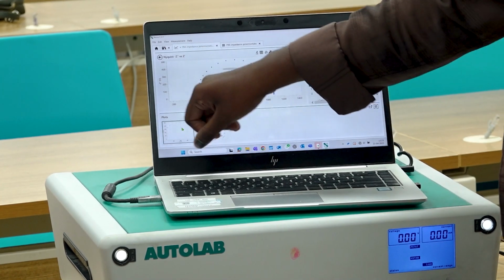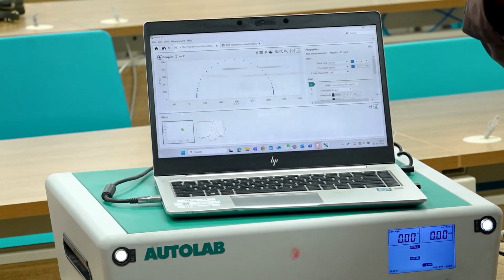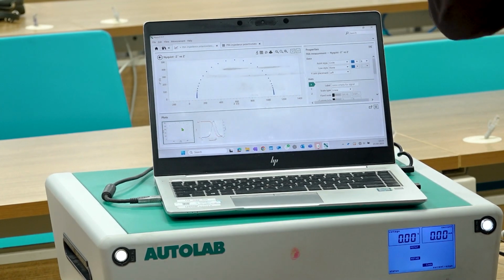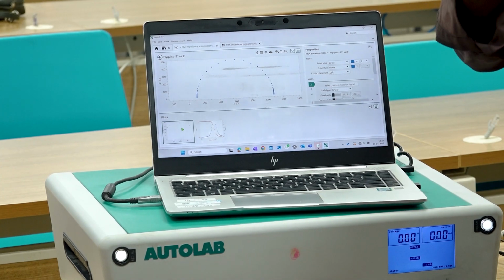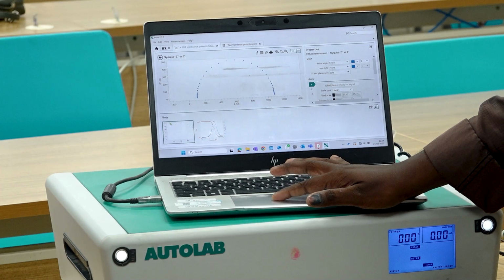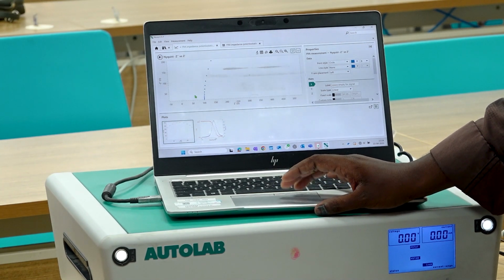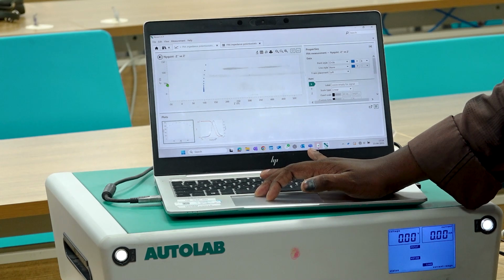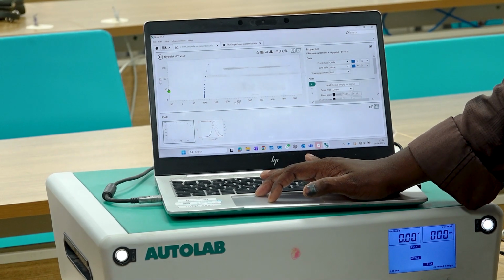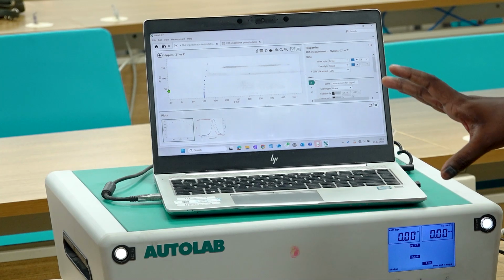In the Nyquist plot, wherever the EIS graph starts, that point denotes the internal resistance or solution resistance. So now can you tell me what the solution resistance is?